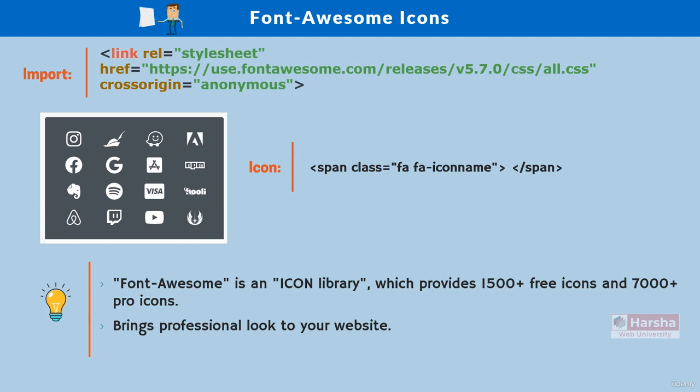So in place of this span tag, the icon will appear. Because the font files are available in the CDN itself, those will be loaded into the browser. Internally, based on the Font Awesome fonts, the icon will appear in the browser. In the Font Awesome library, there are around 1500 free fonts and more than 7000 pro fonts which are commercial.